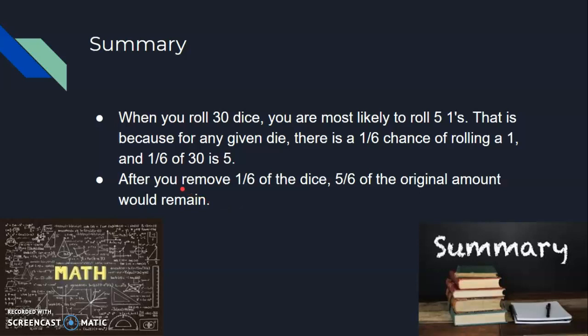And after you roll 1/6 of the dice, 5/6 of the original amount would remain. Although there is that chance, there is also a chance of rolling more ones or even fewer ones than originally thought.